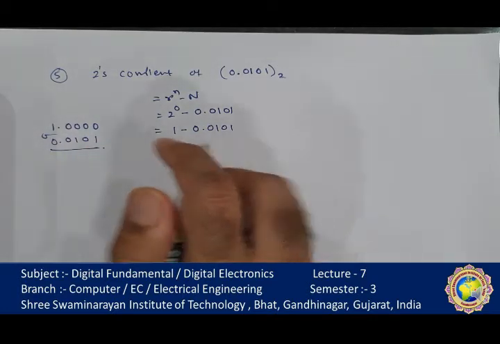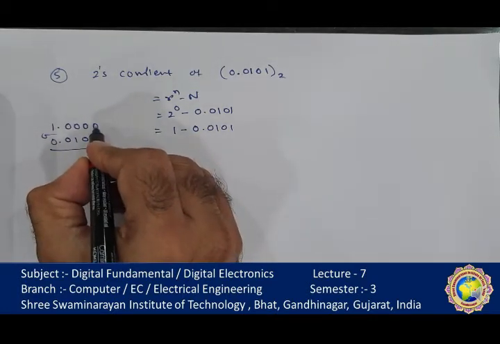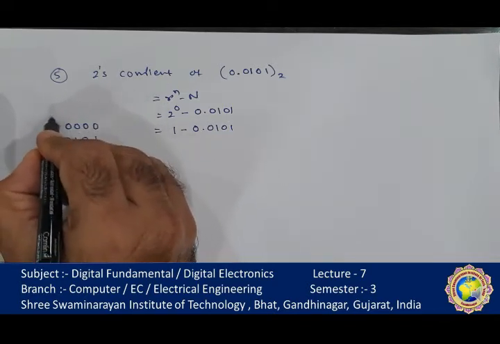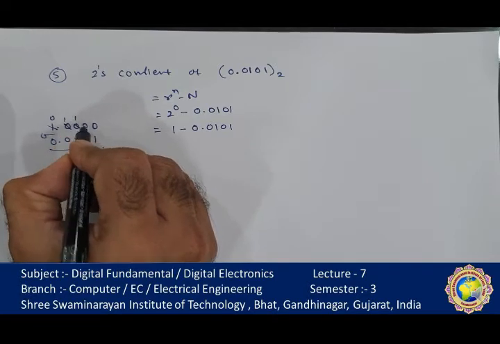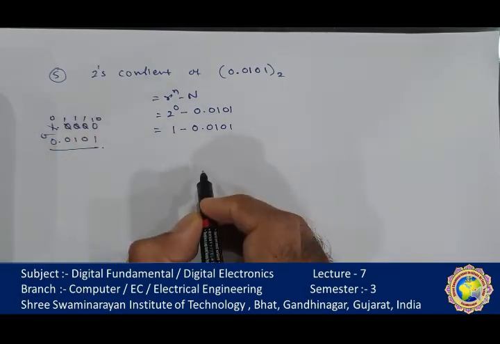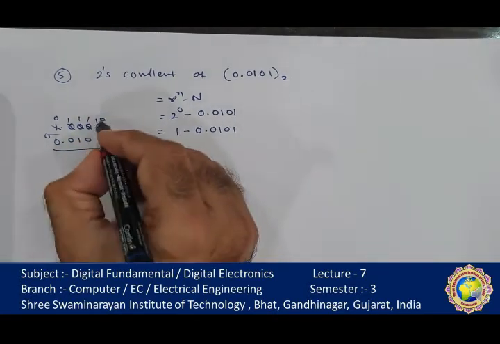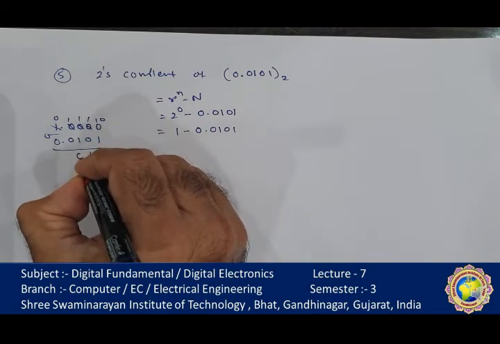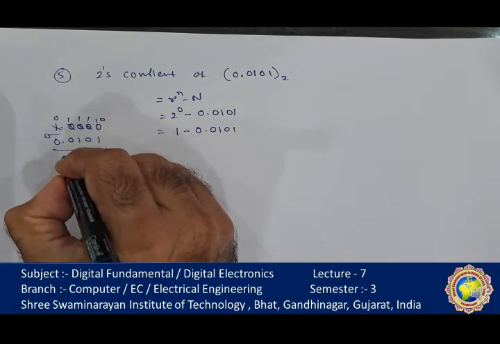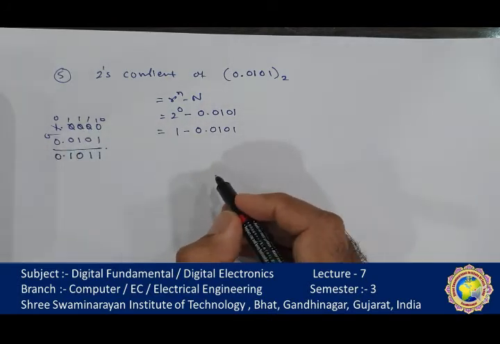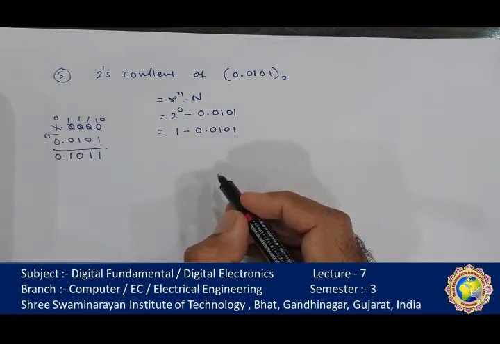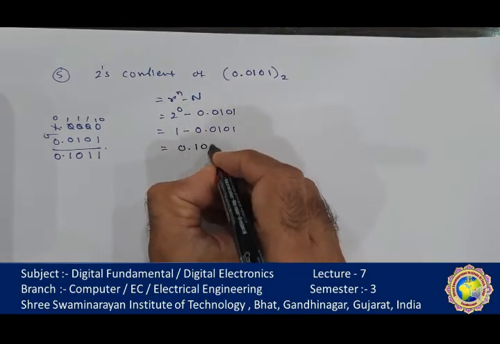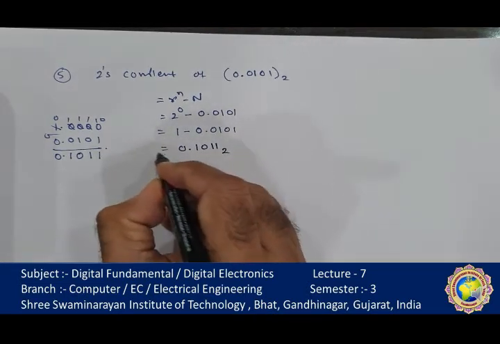Okay. So here we have to take the borrow because of the zeros. So the first one is replaced, 1 1 1 and 10. The difference is 1 minus 0, 1, 1 minus 1, 0, 1 minus 0, 1, 1 minus 1, 0. Okay. So the answer is 0.1011 in binary.